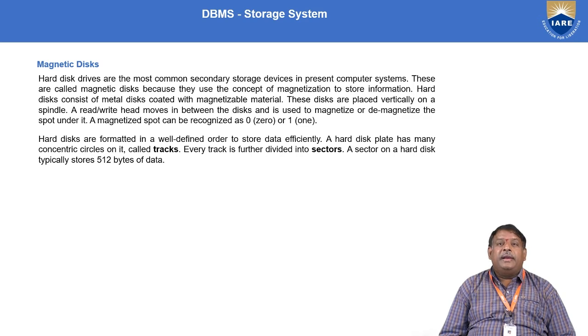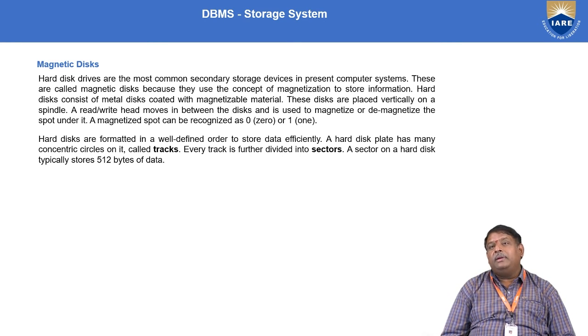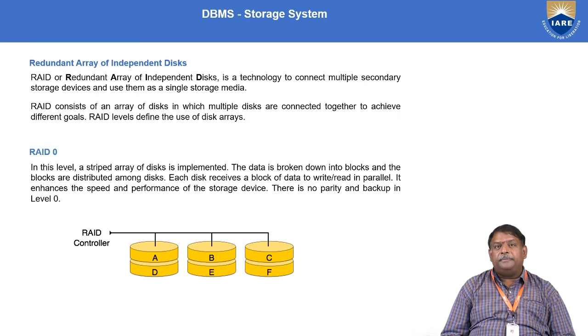The read-write head moves in between the disks and is used to magnetize or demagnetize the spot under it. A magnetized spot can be recognized as 0 or 1. Hard disks are formatted in a well-defined order to store data efficiently. A hard disk plate may have many concentric circles on it called tracks, and every track is divided into sectors. A sector on the hard disk typically stores 512 bytes of data.